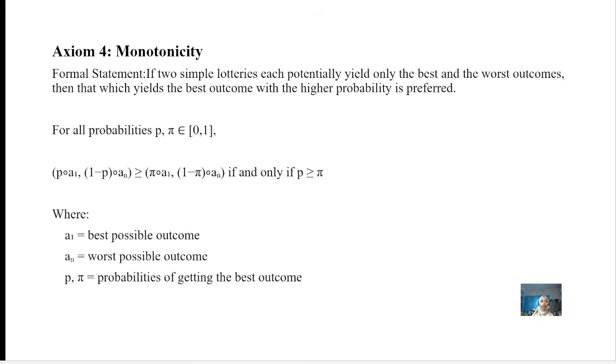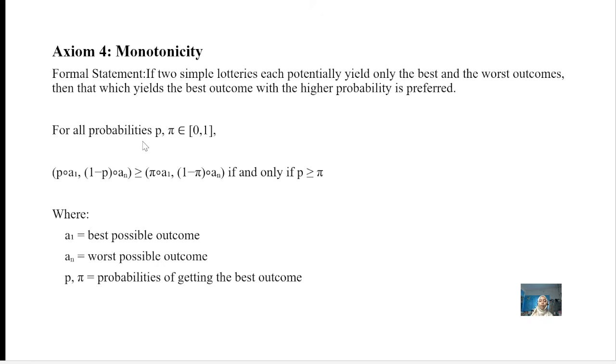Here we can see monotonicity, which is the fourth axiom. If two simple lotteries involve only the best and worst outcomes, then the one with the best outcome at higher probability is preferred.